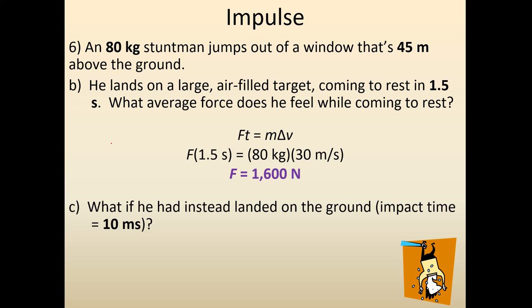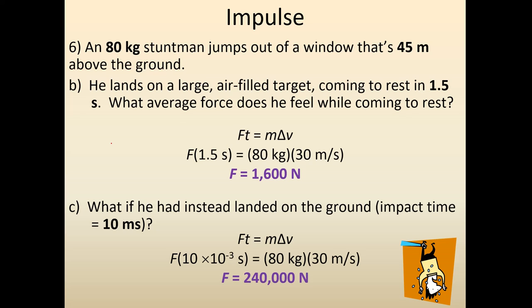In the next case, what I'm going to end up doing is replace that 1.5 seconds with 10 milliseconds. Again, converting the milliseconds into seconds, I'm getting Ft equals m delta v, and I ended up getting 240,000 newtons. So you could see that the force is drastically increased.